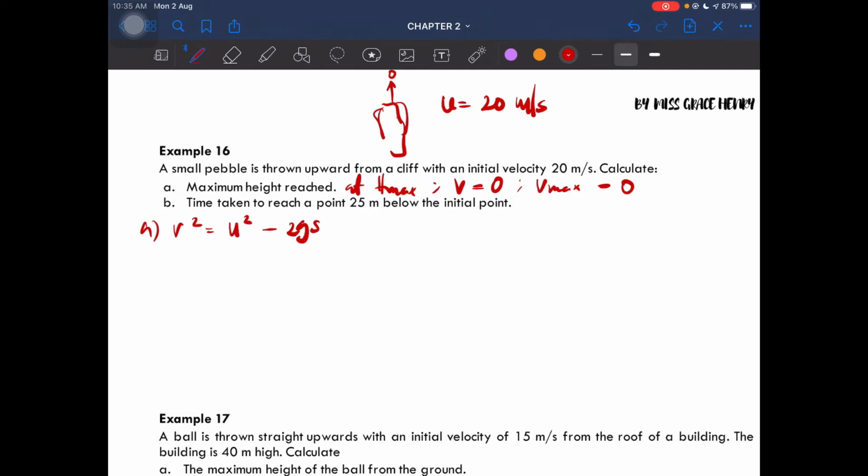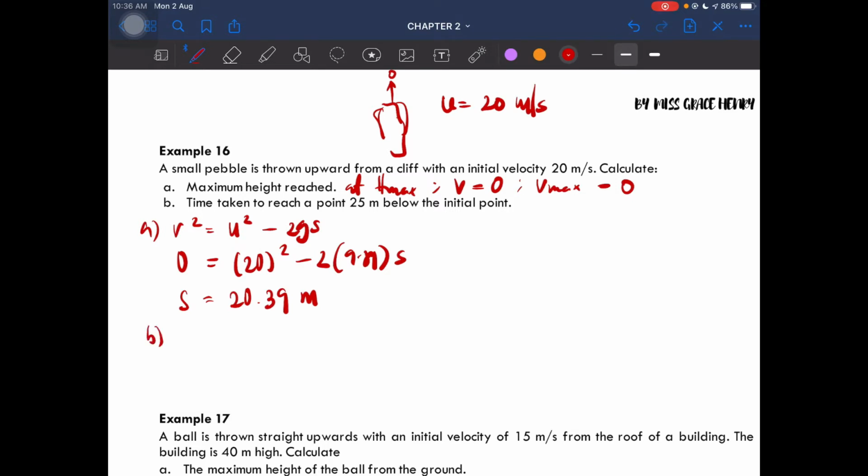Okay, so we know that v is equal to 0 for maximum height, so 0 equals 20 squared minus 2 times 9.81 times s. So the s we are getting from this formula is 20.39 meter. Okay, so that is the maximum height, which is above the release point.